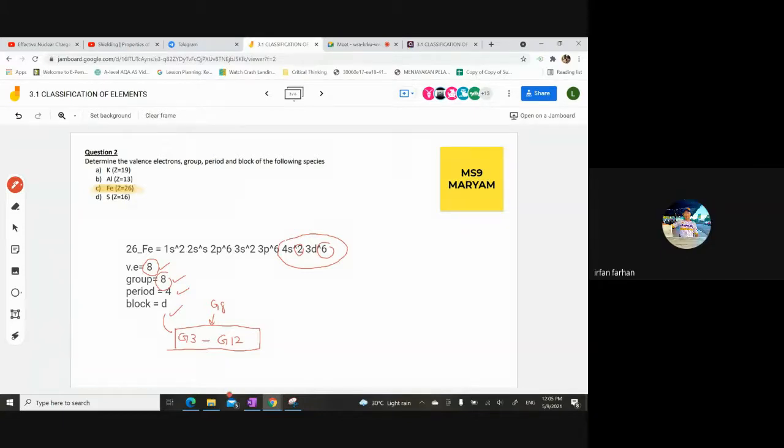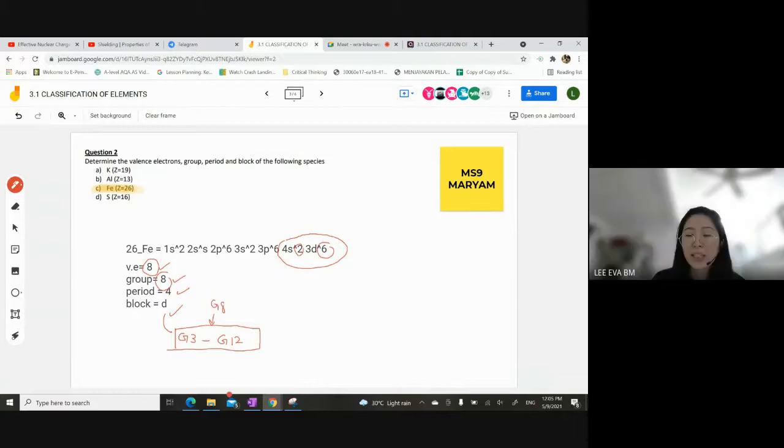Saya tak faham kenapa kira valence electron dia 8. Okay, kita ambil kedua-dua ni, 4s dengan 3d. Sebenarnya, valence electron biasanya kita ambil yang paling tinggi kan. Tapi sebab ni, 4s2 adalah yang paling tinggi. Okay, tapi untuk 3d dia belum penuh. Kalau ada tambahan elektron, kita akan masuk dekat 3d dekat sini.